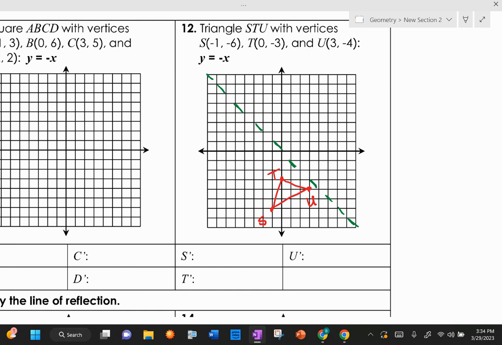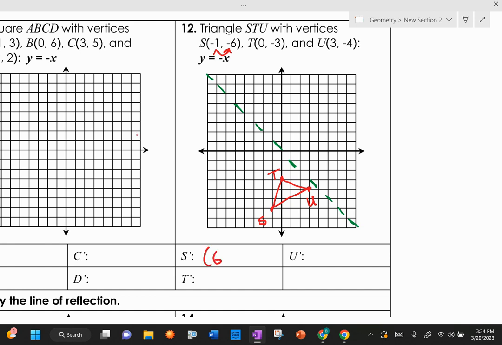Yes, but you have to do two things. You have to flip the values still and change the signs. So it's not necessarily making them negative as much as it is adjusting the signs. If our original S was negative 1, negative 6, the S prime, you need to flip and change the sign. The opposite reciprocal, kind of, except it's not really.